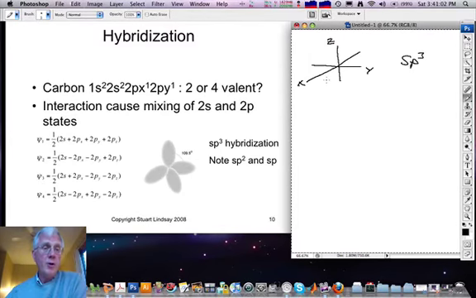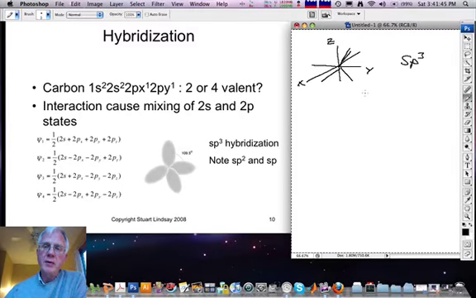These are four orthogonal combinations of the 2s and the 3 px, py, and pz states, and one sees that the first state lies along the plus x plus y and plus z axis, the second state along the minus x minus y and plus z axis, the third state along the plus x minus y and minus z axis, and the fourth state along the minus x plus y and minus z axis.